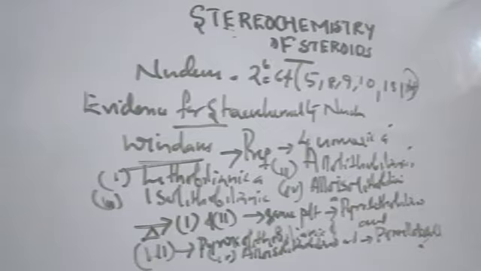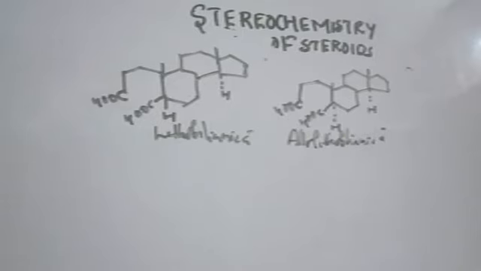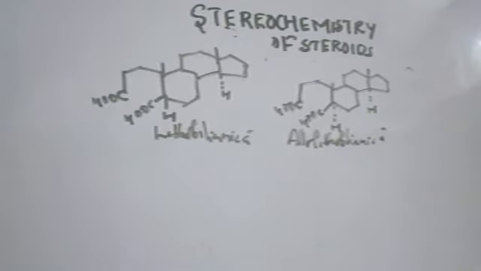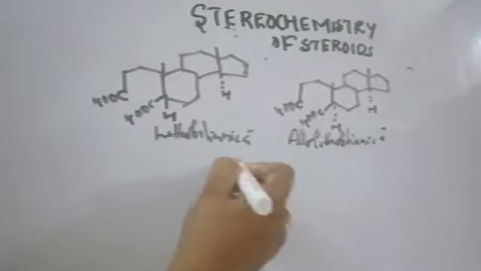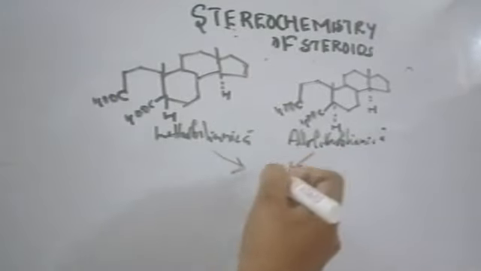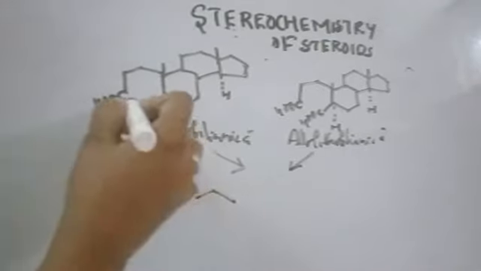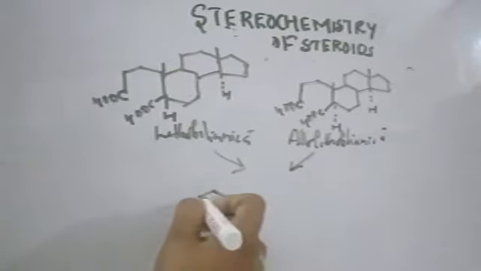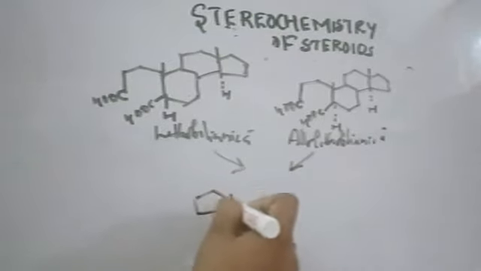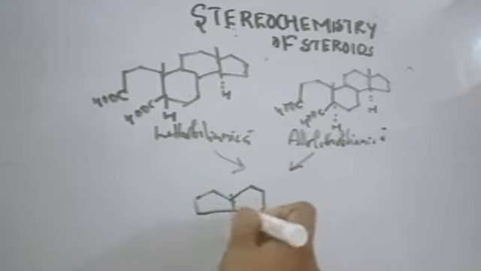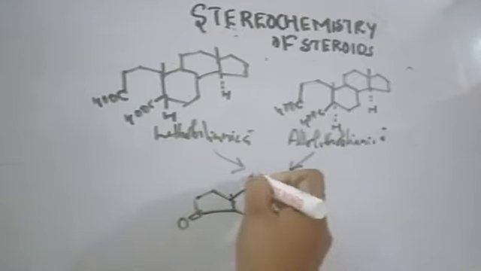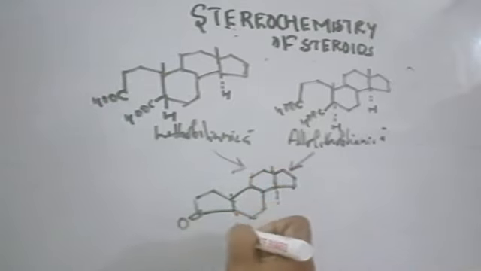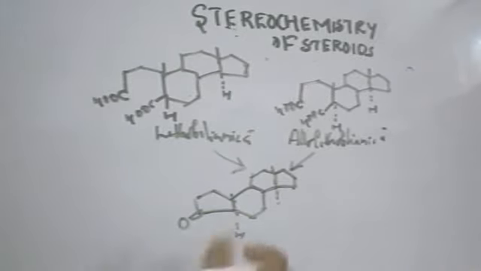So we will write the structure. This is the structure of lithobilianic acid and allolithobilianic acid. These two on heating give the same end product, pyrolithobilianic acid. Here dehydration forms a cyclopentane ring with a keto group, a cyclopentanone ring, with the double bond O. Note this is a bold line.